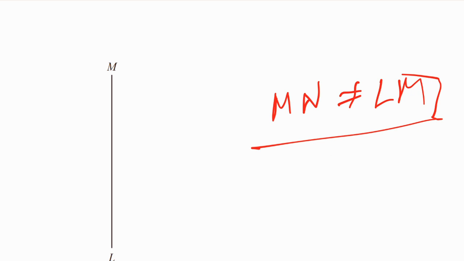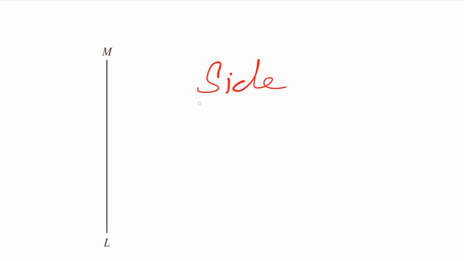If I explain the types of triangles, there are two categories: by angle basis and by side basis. On the side basis, there are three kinds of triangle.